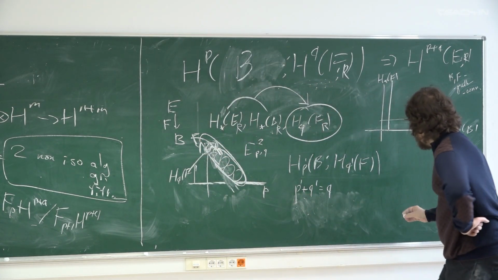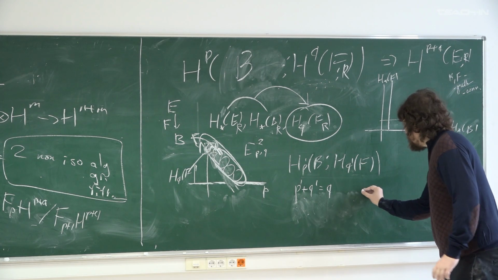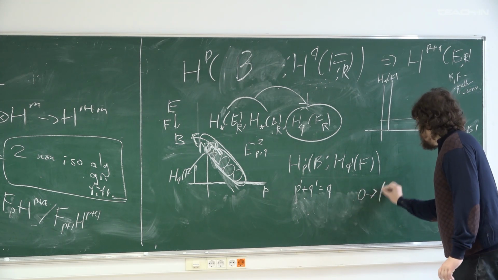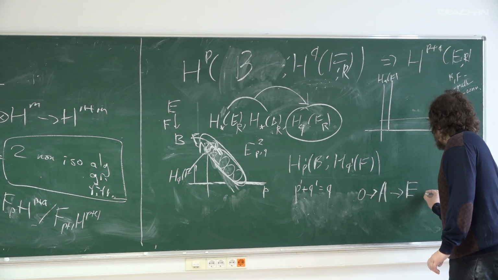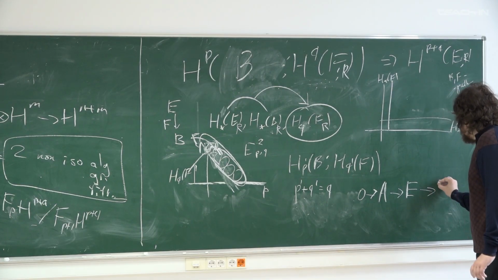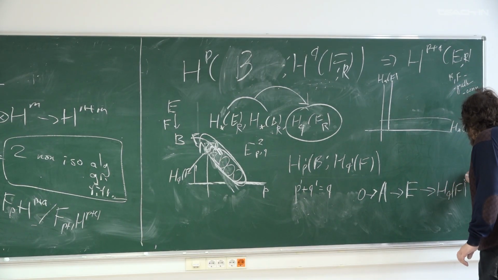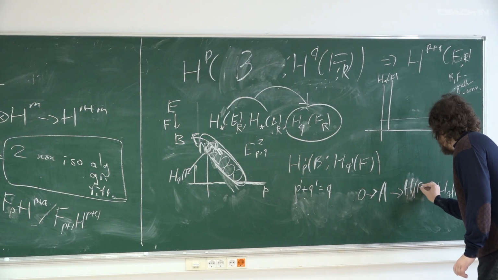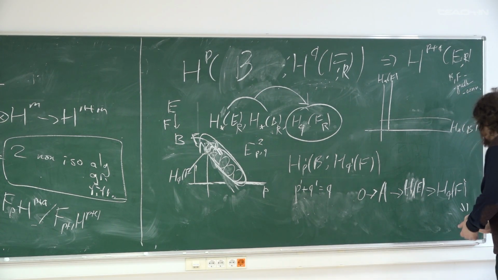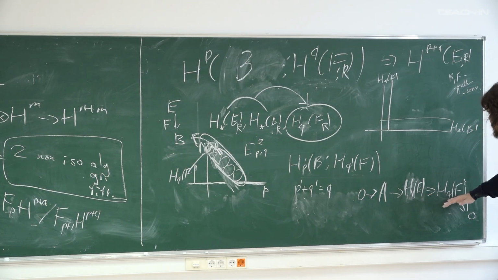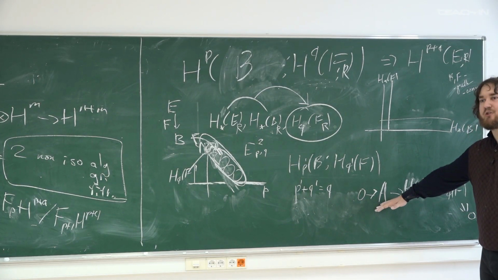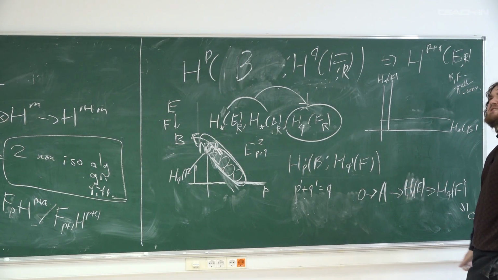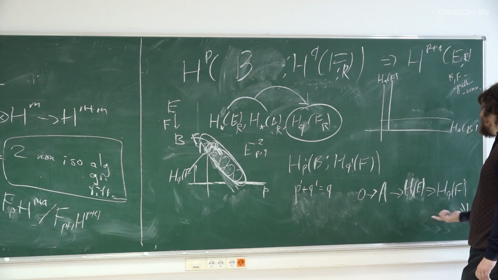So at the last step, I have some finitely generated A, some E, and some homology of F. And this is homology of E. This is finitely generated, and so this is finitely generated with finitely generated kernel. In fact, I think it's even not important here because it's just a quotient of finitely generated E. Then it's finitely generated, yes.